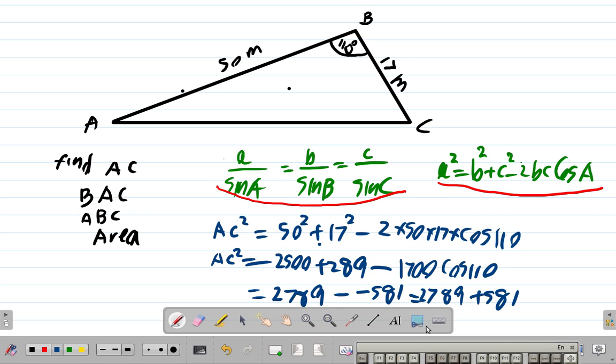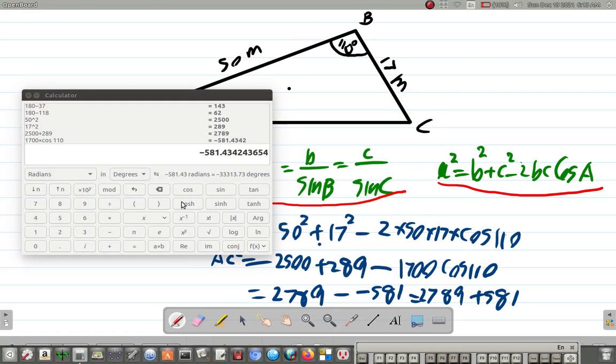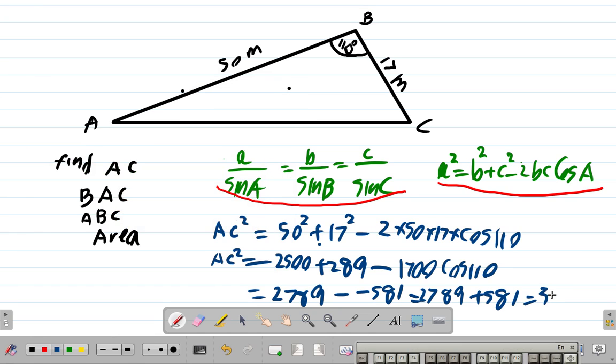So what does that give you? 2789 plus 581 equals 3370. Alright, 3370. So that's AC squared.